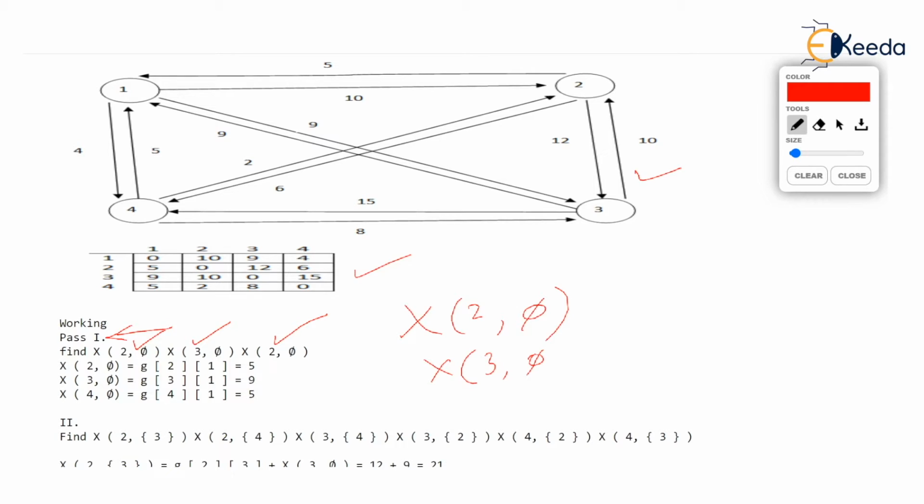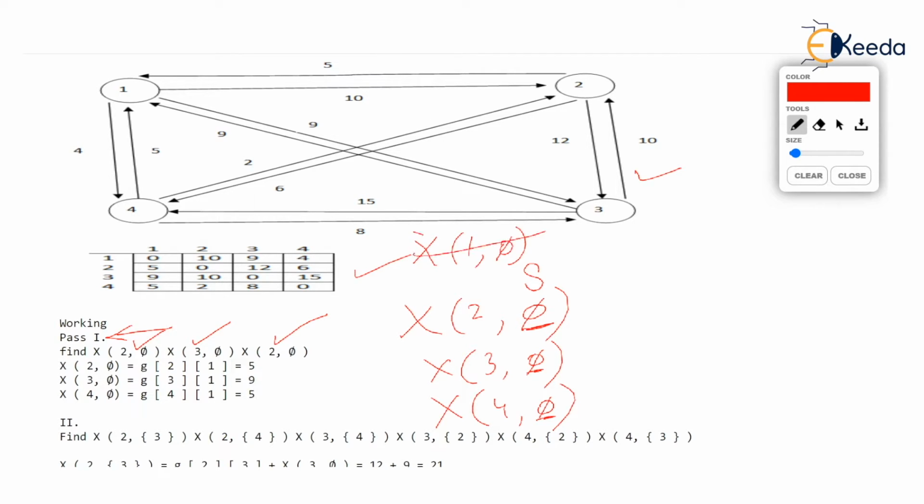Please try to understand. In pass 1, we keep the cardinality of set S as 0. The set S is kept empty in the first pass. So we find 2 comma null set, 3 comma null set, 4 comma null set. Look, we are not finding 1 comma null set.